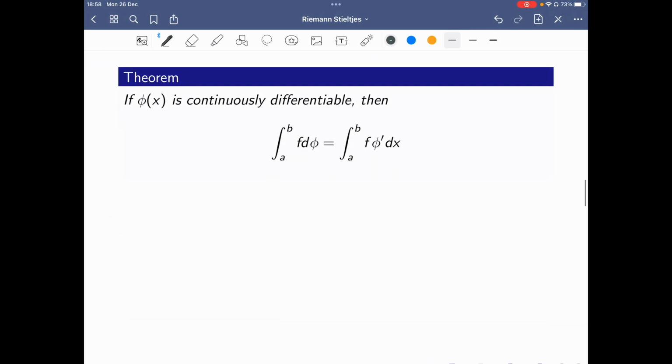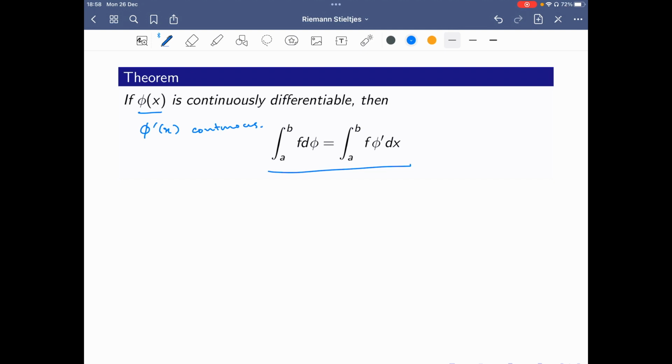So here is a simple theorem about the Riemann Stieltjes integral. When the phi function is continuously differentiable, meaning it is differentiable and after taking the derivative it is still continuous, then this equality holds.